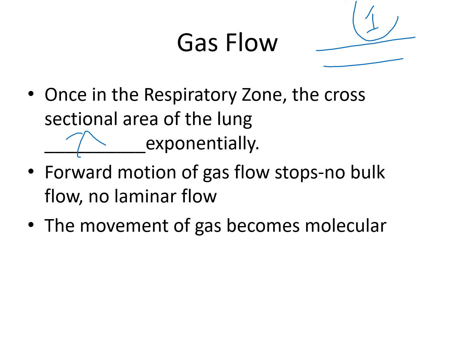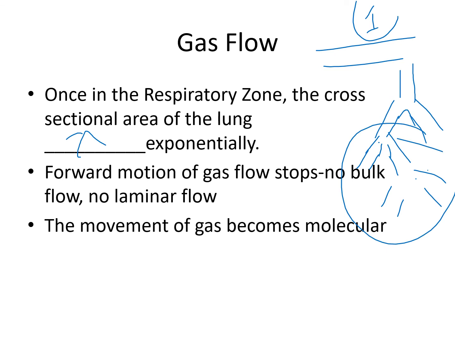Because remember we had dichotomous branching, we had a branch, and then off of that branch, we had 2 branches, and then off of those branches, we have 2 branches, right? So this is that whole dichotomous branching thing that we were talking about. So the further and further down we get to the airway, the more surface area we're going to get.